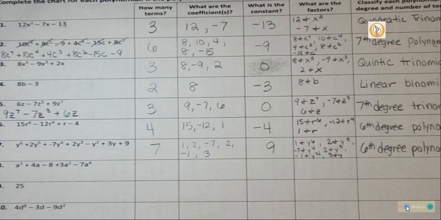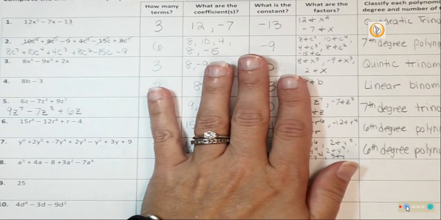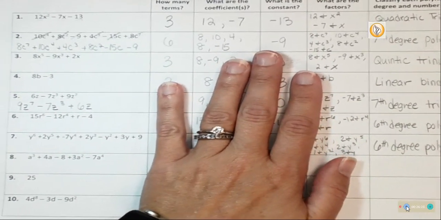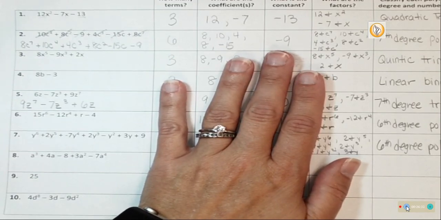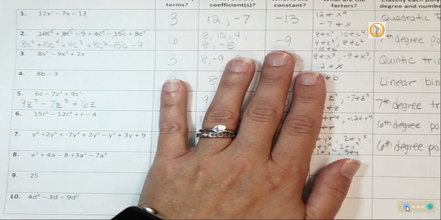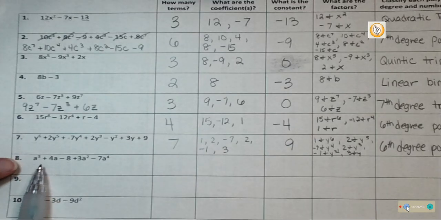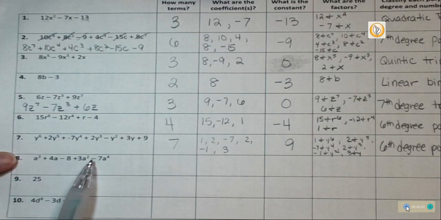All right, now here's what I'm going to try to do. I'm not going to do this part. We're going to try to classify these next few without doing everything that led up to it. So if I ask you to classify by degree, what am I asking you to look at? The highest exponent. So what is my highest exponent here? 4.